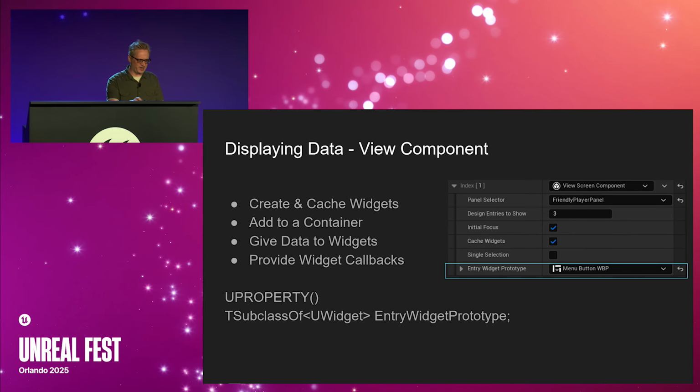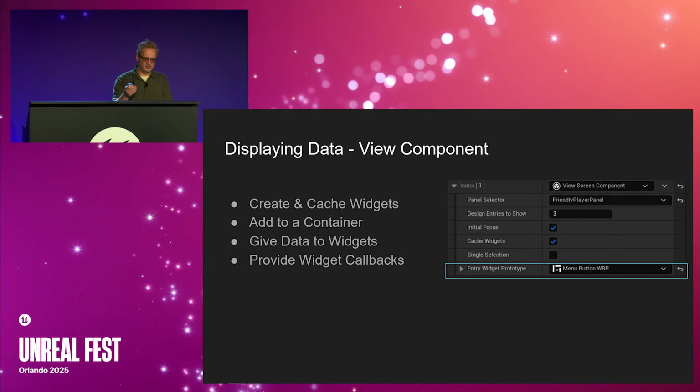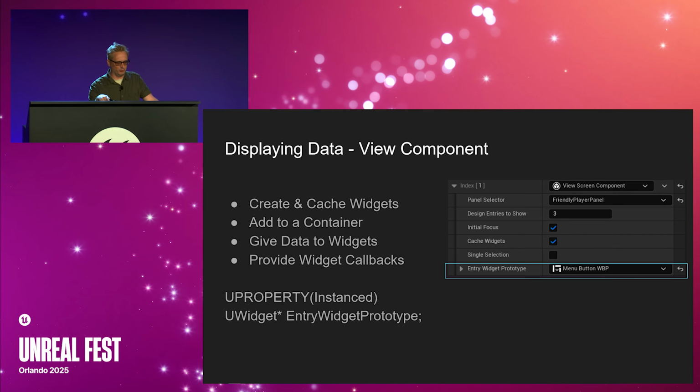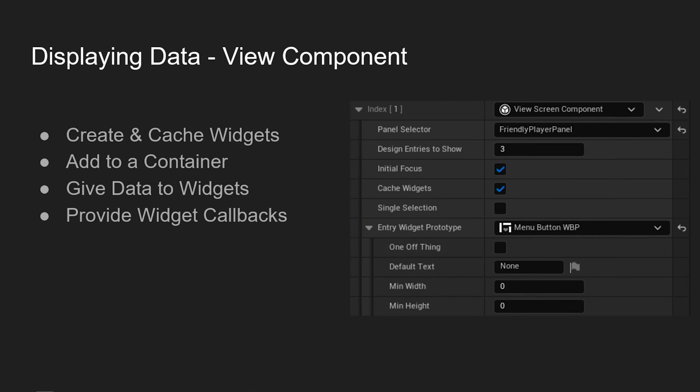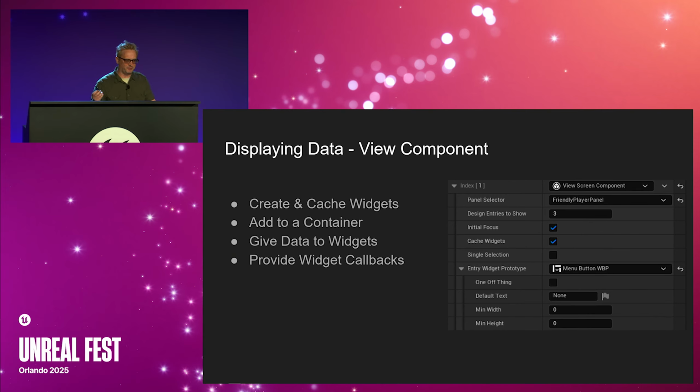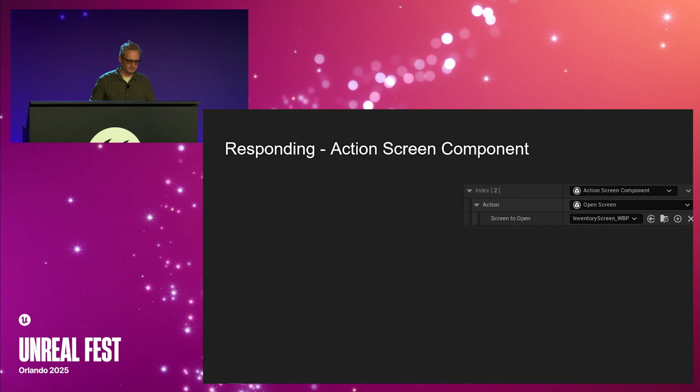But there's a little caret there, and what that means is that this is actually an instance of a widget. If you click the little caret, you get all the variables that widget has. So if you have a screen where you need this widget to do a one-off thing, you can just set it there in the editor. This is a little more flexible than just choosing a class.